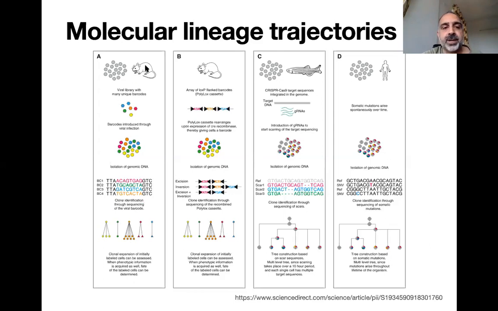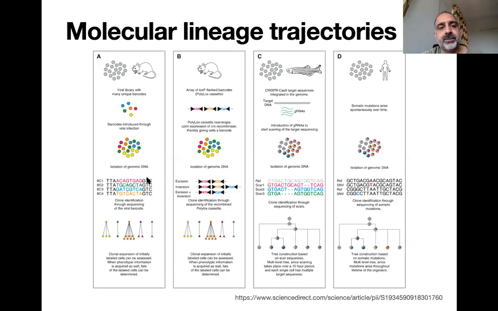And so if you're, for example, infecting the virus into some part of the caudal neural tube in the dorsal region, and then looking at a particular nerve and finding that barcode in that nerve, you can say that this virus infection in this region of the mouse embryo gave rise to these cells.